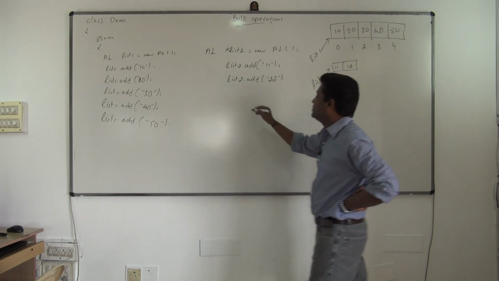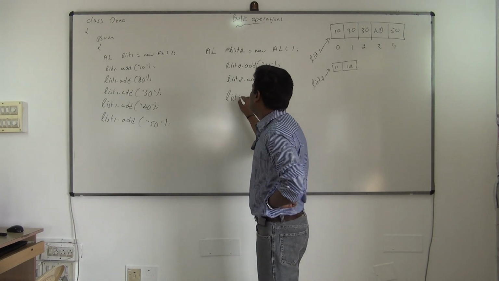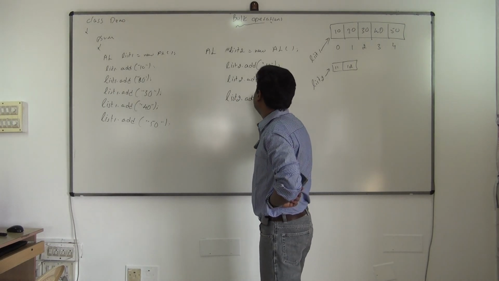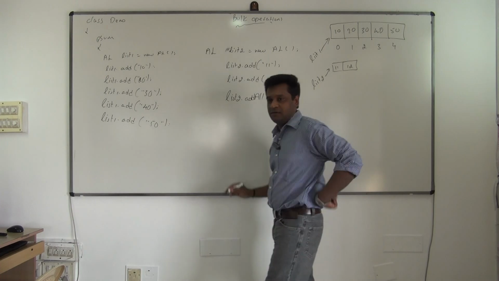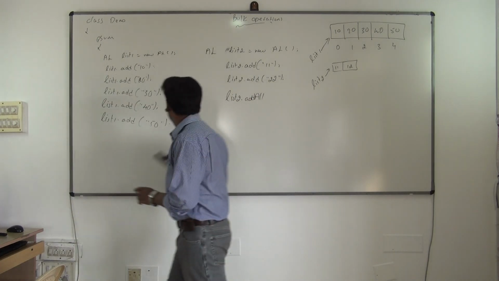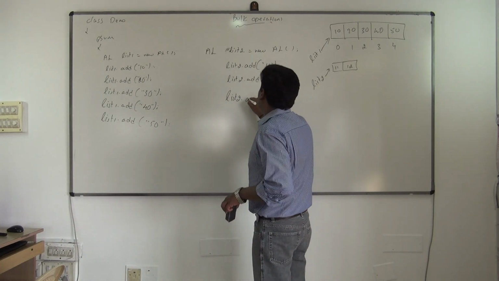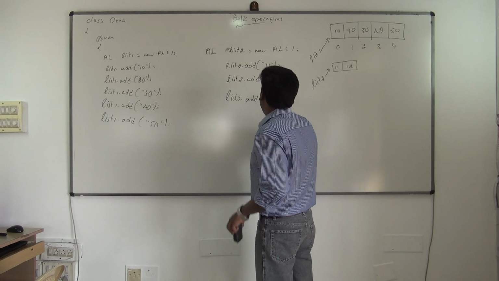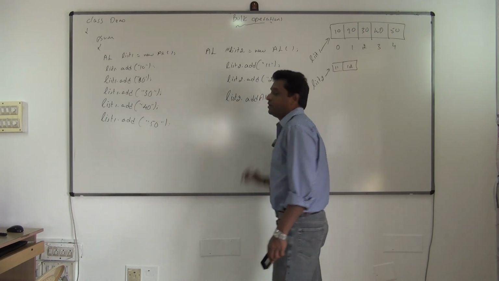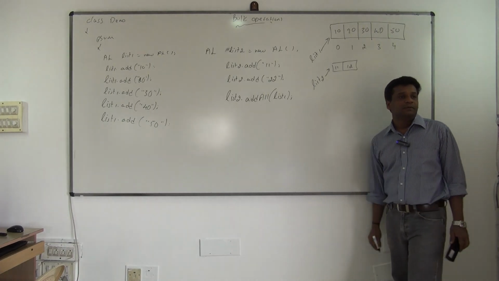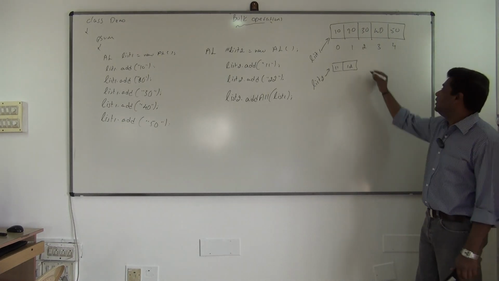All I have to do is, see this, list2.addAll. There is a method called addAll. That's it. list2.addAll of list1. Finished, over. So all the elements will be copied now.